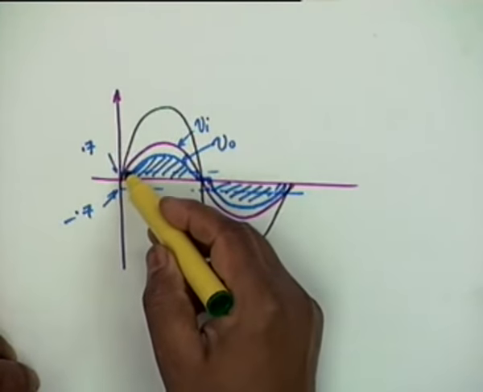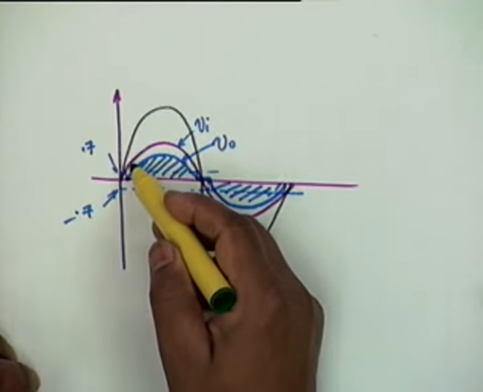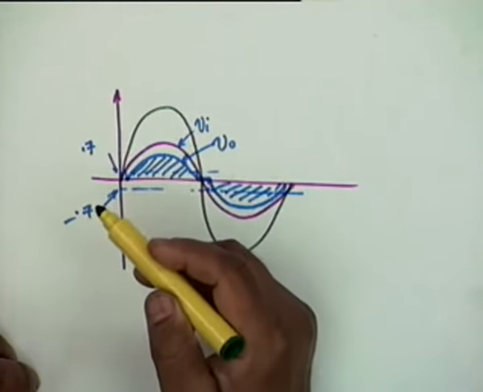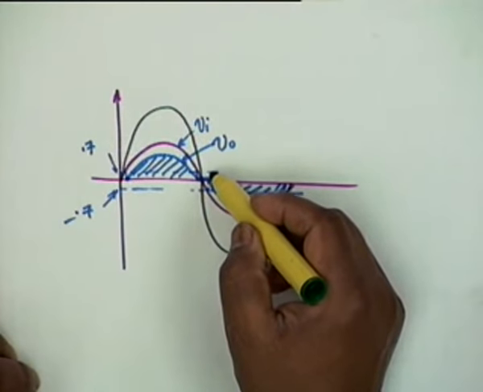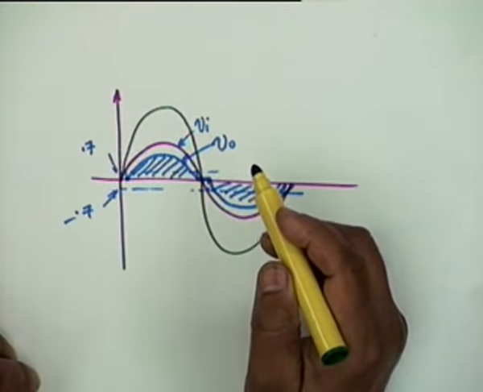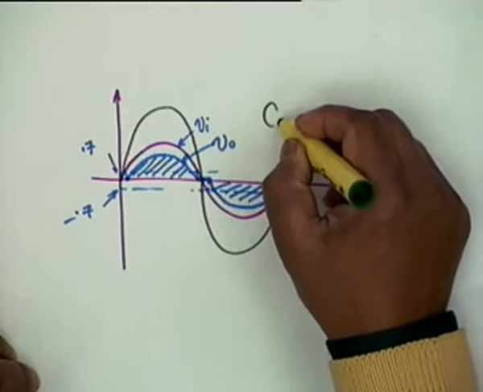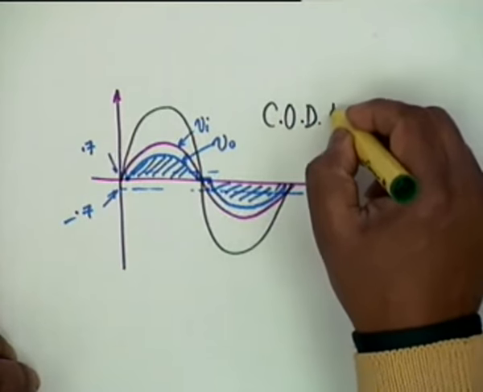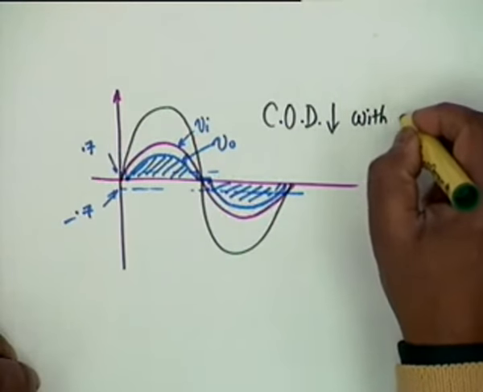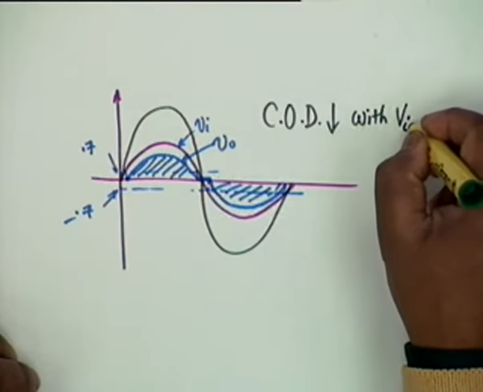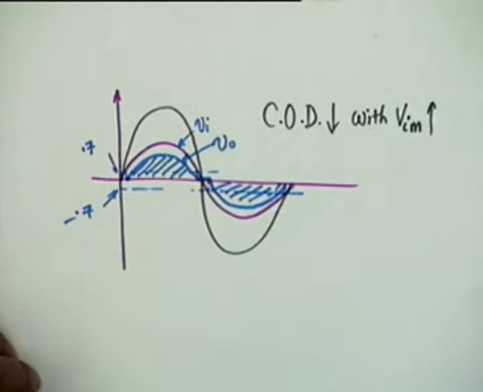Obviously the crossing with 0.7 shall occur earlier, and therefore the width of the dead band shall decrease, and therefore crossover distortion decreases with increase of maximum input voltage.